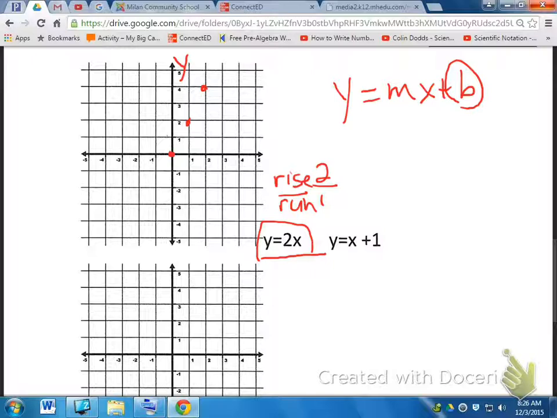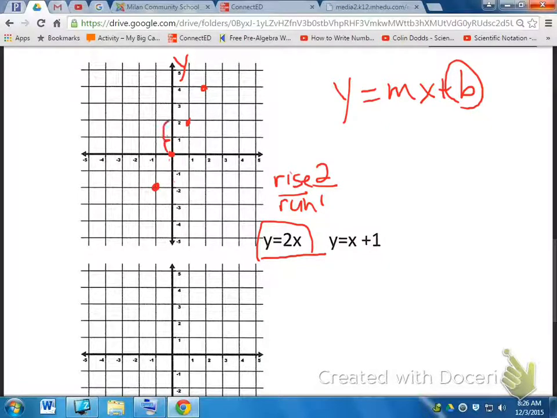Now, I need to tell you, just to be equivalent, and sometimes you might have to do this, rising 2, running 1 right is exactly the same as falling 2, going 1 left. You see that?